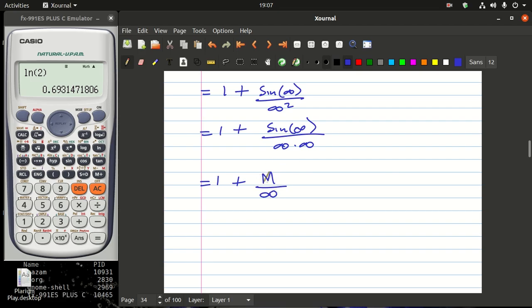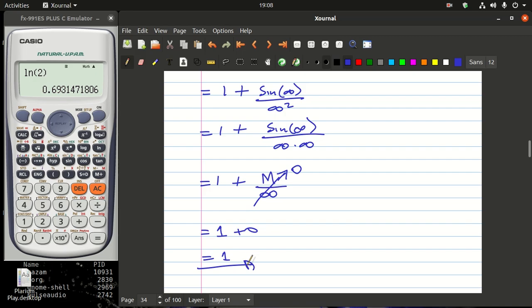So whatever that constant is, I don't care whether it's positive or negative, but one thing that I know, it is a constant that is so small compared to infinity. So this whole thing will go to 0 because this one is so small compared to that. So this limit here is equal to 1 plus 0, which is just equal to 1.